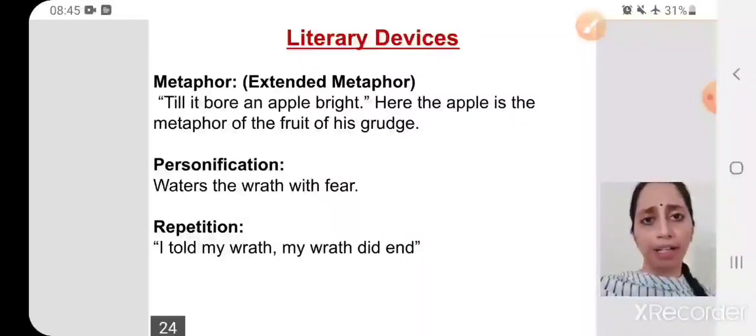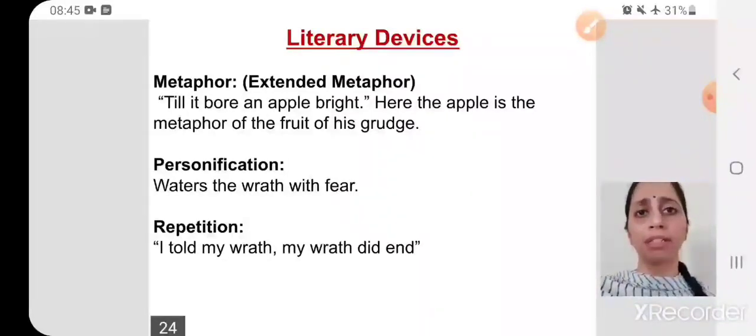Did an actual apple grow? No, it didn't. So what is this apple? This apple was the fruit of his grudge, his hatred. Okay, he's talking about the hatred that he had in his heart. So this becomes an extended metaphor.